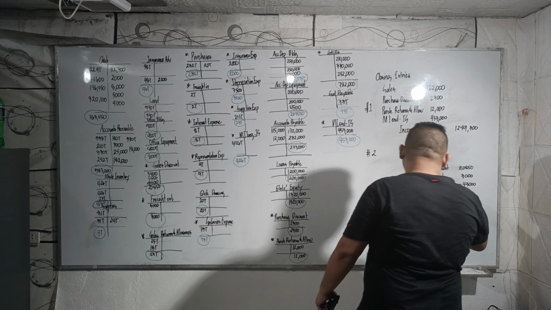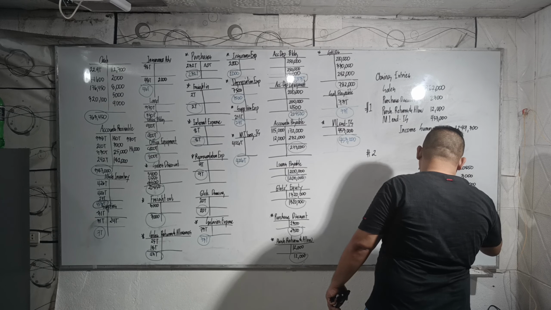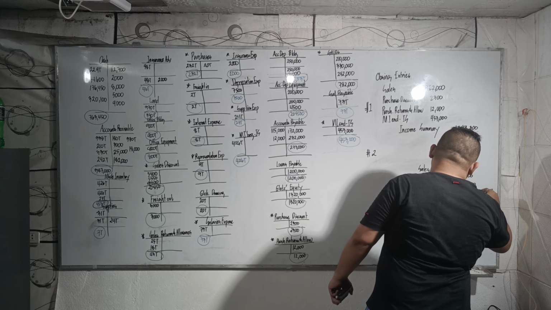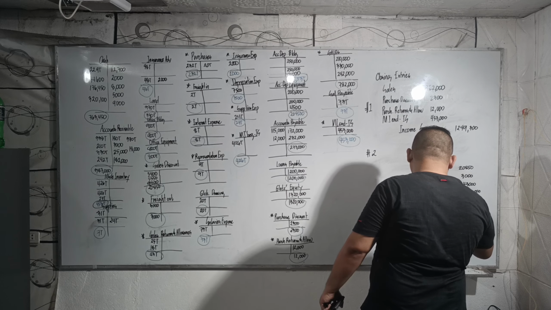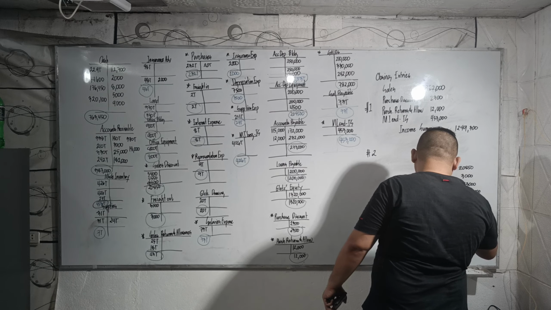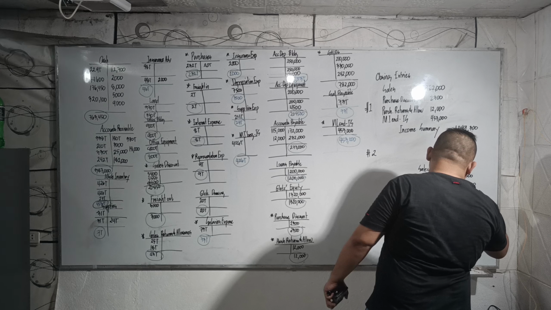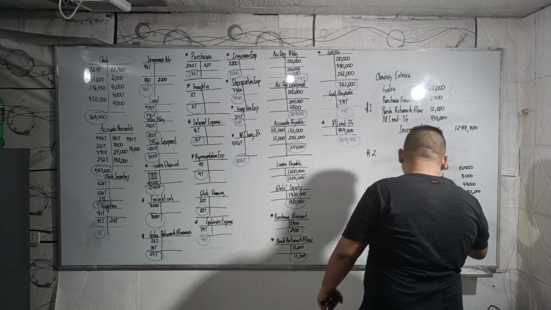Let's go for purchases or gross purchases. We will have 232,000. Actually, there are a lot. Aside from purchases, we have freight in, 2,000. And after the freight in, we have interest expense.